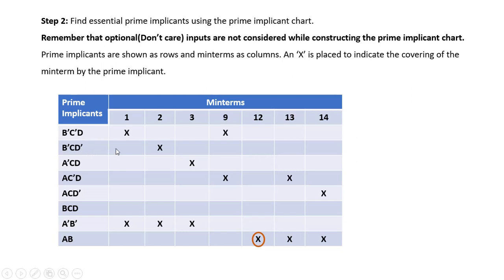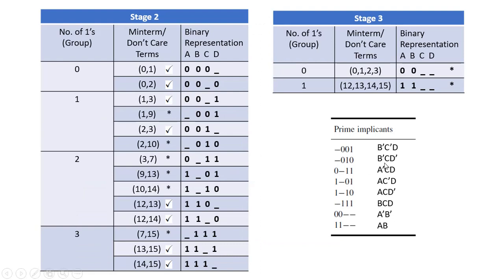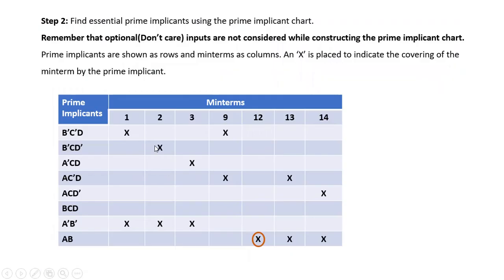Similarly, B bar C D covers 2 and 10. As 10 is don't care, it covers only the minterm 2.